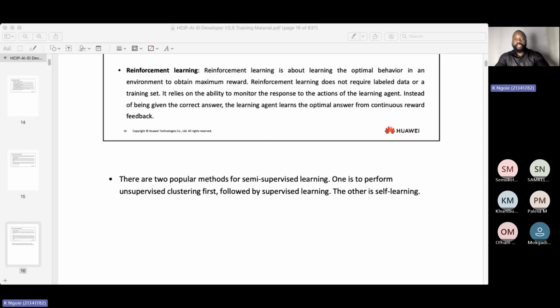Give me a second, guys. I want to have a practical example to show you how reinforcement learning can be used in different fields.